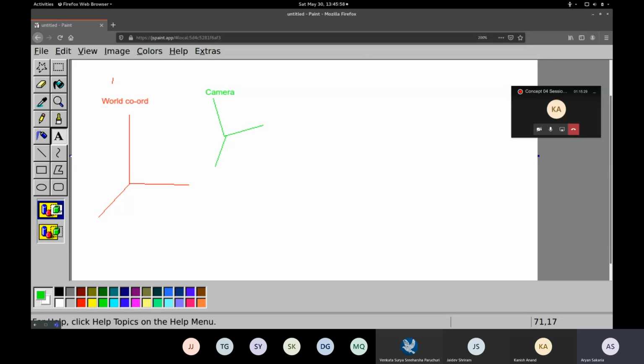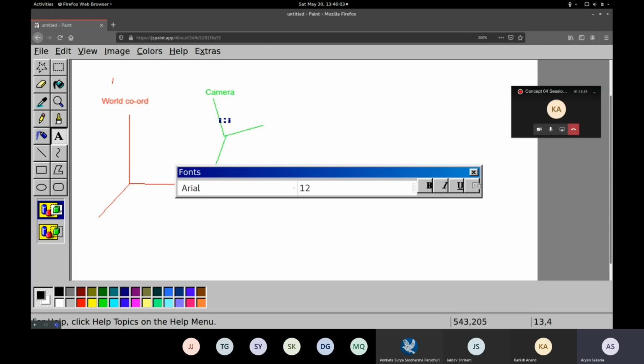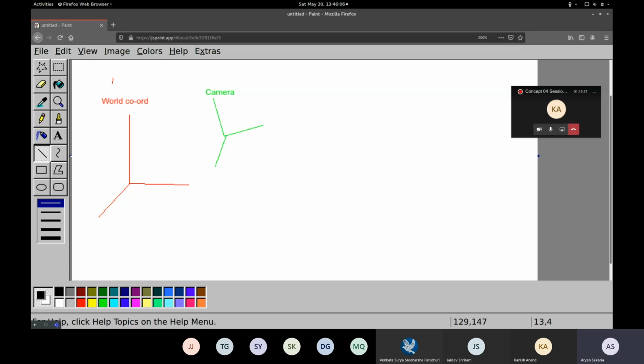Now I'm going to define my camera by just 8 points. I'm going to define my camera with 8 points as this cuboid.